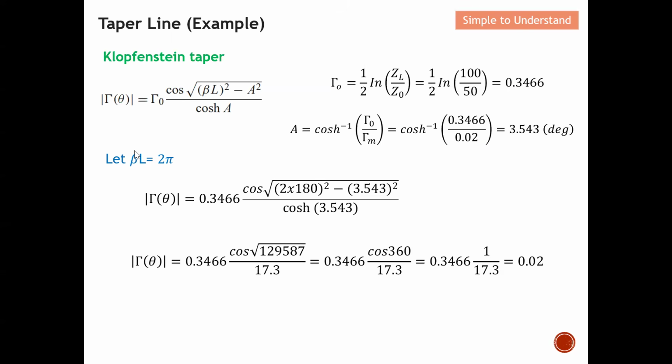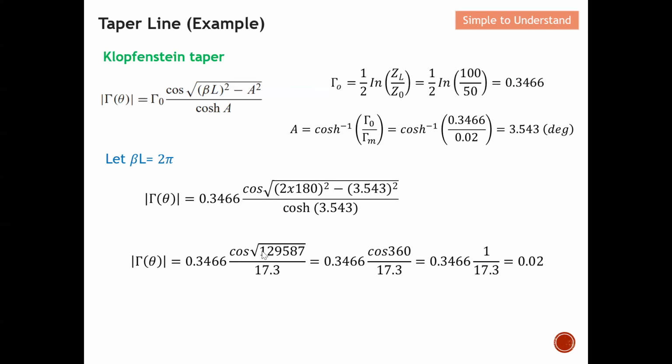For example, let's say we let this beta L equal 2 pi. So you can see from here, this will be equal to 2 pi, and I need to convert it into degree. Pi is equal to 180 degree. So from here, I can calculate that this term, when combined, will be the number 129,587, which means 2 multiplied by 180, then I square it, then I minus this term squared.